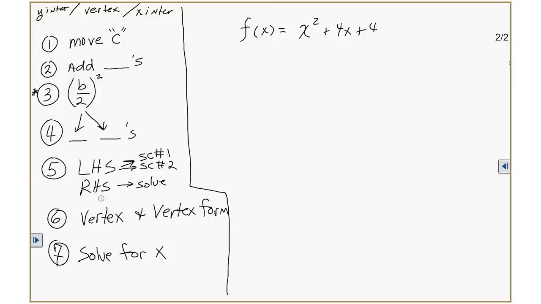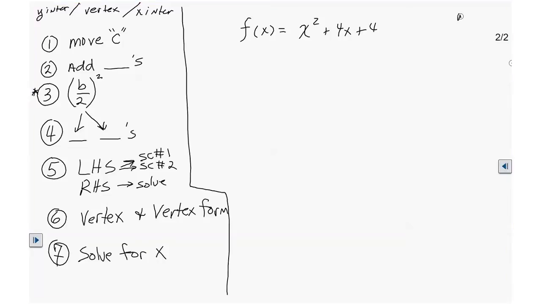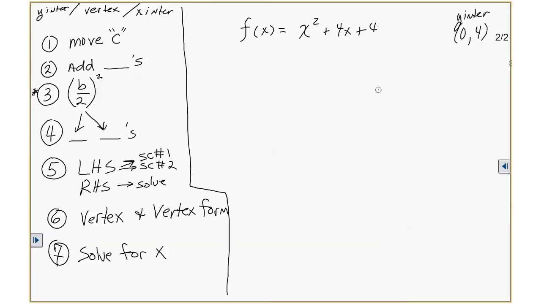Now, let's talk about what's what. Well, C is your y-intercept. So you need to write down to the side over here: the y-intercept is (0, 4), whatever C is.